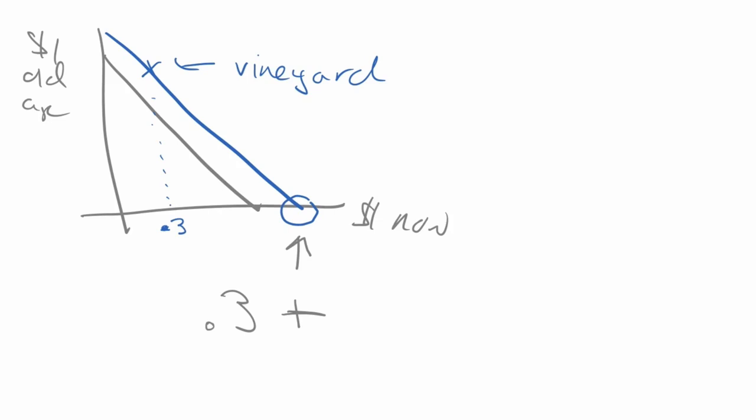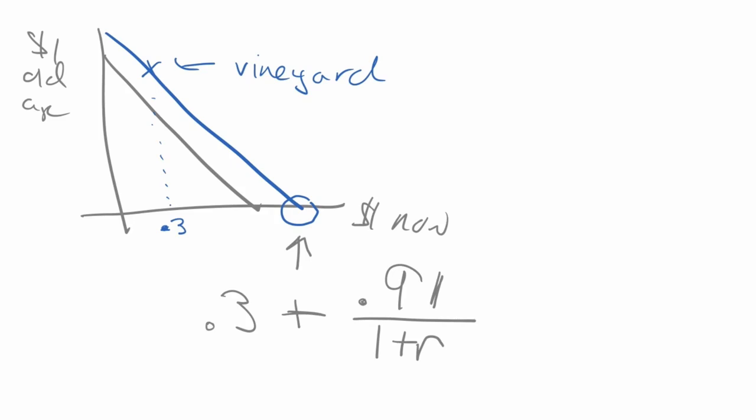Then she takes the 0.7 and invests it in the vineyard. That becomes 0.91 in the future. Now she knows she's going to get 0.91 in the future. And for the sake of the example, the bank knows it too. So she can borrow against that 0.91 and consume the present value of that 0.91 today.